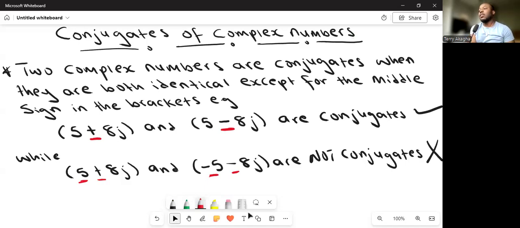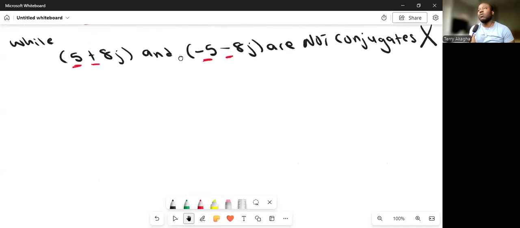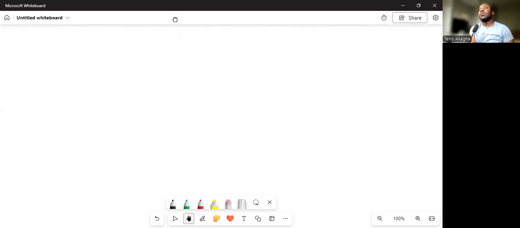Now, the next thing is how conjugates are written. We usually use an asterisk mark to represent conjugates, okay?